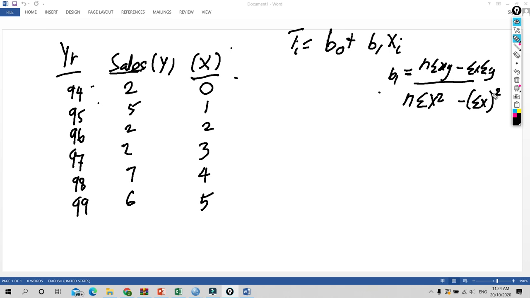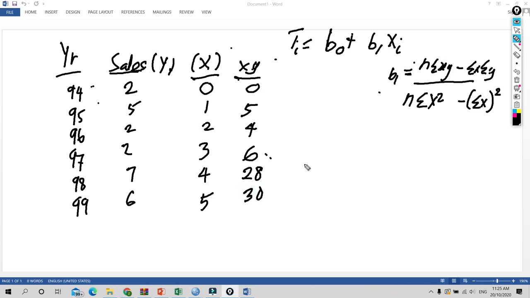Now, first of all, we try to find b1. In order to find b1, we need to find xy, because the formula involves x multiplied by y. So here is x, this is your y. X multiplied by y here is 0. 1 multiplied by 5 is equal to 5. Then 4, then 6, then 20, 14, 38, then 30.